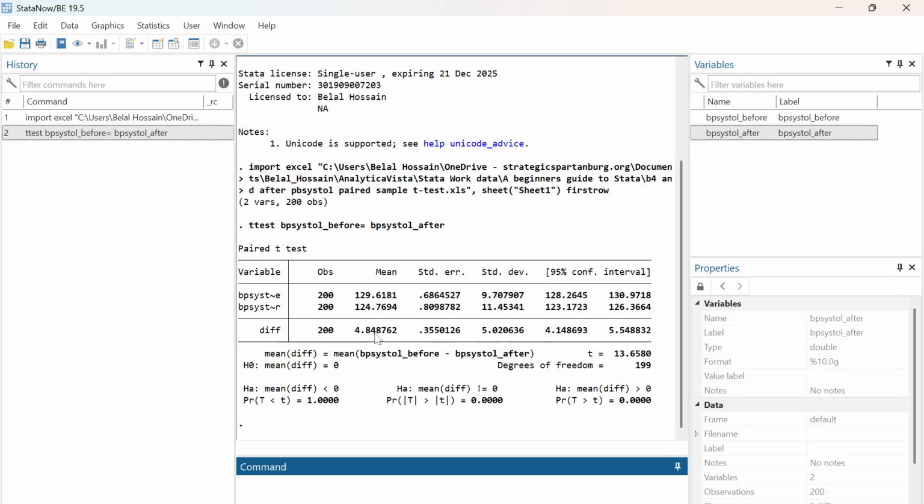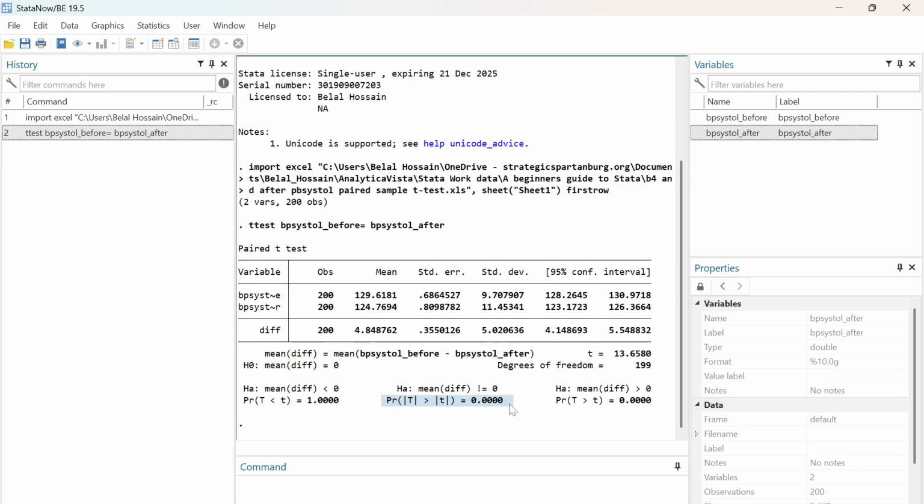However, we do not yet know whether this difference is statistically significant or not, for which we look at the probability value, which is the p-value, and you see the absolute value symbol here. That means this is not directional, or this is a two-tailed test. And this p-value, which is less than 0.05, confirms that these two means are statistically significantly different.